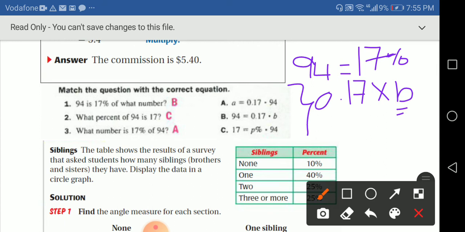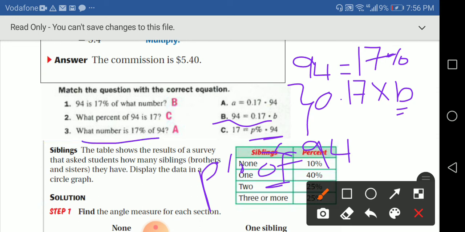Let the number be any variable, so this is B, of course. What percent of 94? Of here means what in this situation? Multiply. What number is 17% of 94? So he asks me about the number. What number is 17%, 0.17, of 94. Of here means multiply.